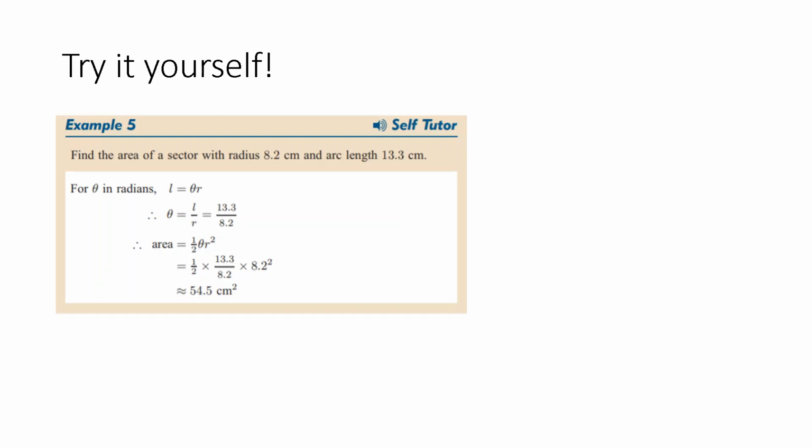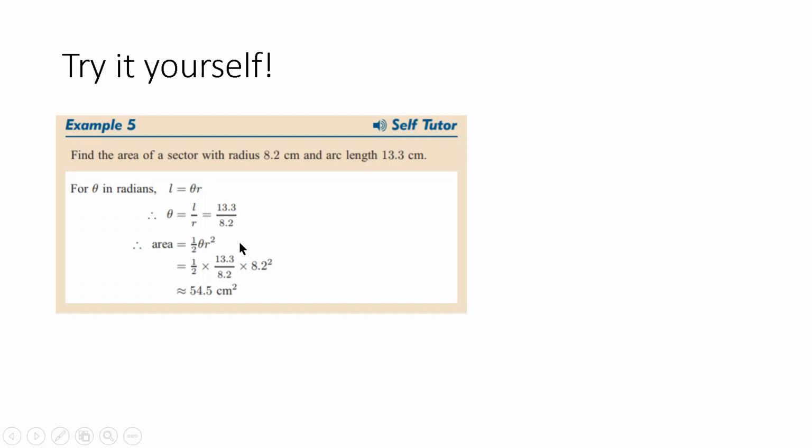For theta in radians, first of all, we use the formula we learned previously, which is L equals theta r. So theta is L over r, that's just rearranged, which is 13.3 over 8.2. You can multiply by 10 on top and bottom to get 133 over 82, but it doesn't matter.